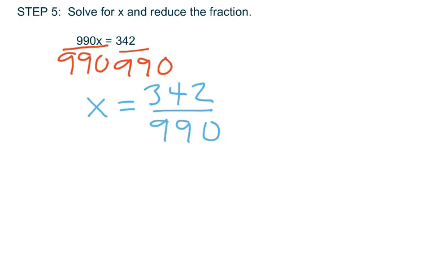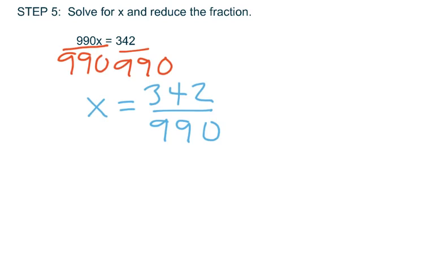Now the fraction we may reduce, we'd like it to reduce. So I'm going to remember some of my tricks for divisibility from another place. And notice, for example, that if I add up the 3, the 4, and the 2 in the numerator, 3 plus 4 is 7 plus 2 is 9. That sum is divisible by 9, so 9 must divide into 342.